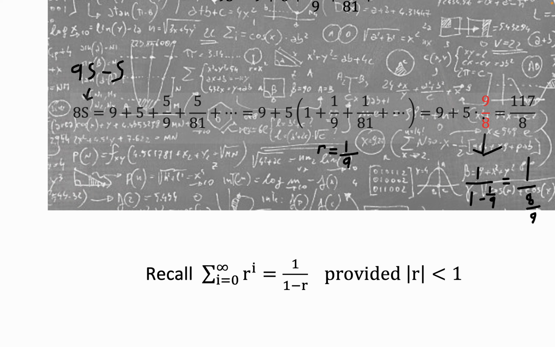Okay, and so what we get, let me just write it out. This is the final part right here. We see that 8s is equal to, and that s hopefully doesn't look like a 5 to you guys, 8s is equal to 117 over 8.